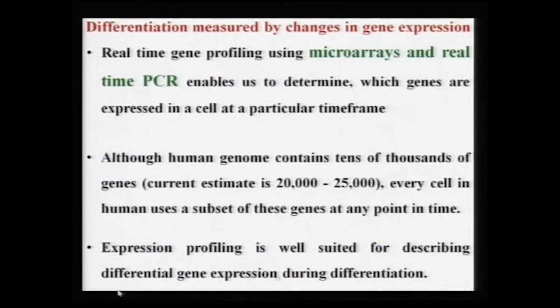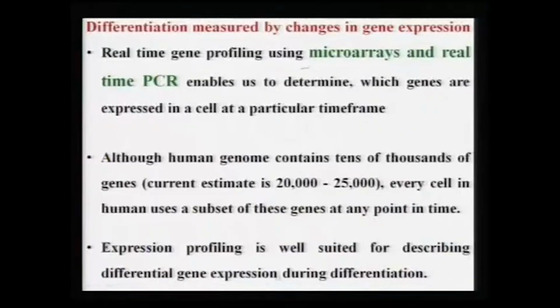So, real time gene profiling means monitoring when the actual differentiation process occurs. This differentiation process means that your gene expression changes, and these changes can be monitored by 2 techniques. One is the microarray and another one is the real time PCR. PCR stands for polymerase chain reaction.